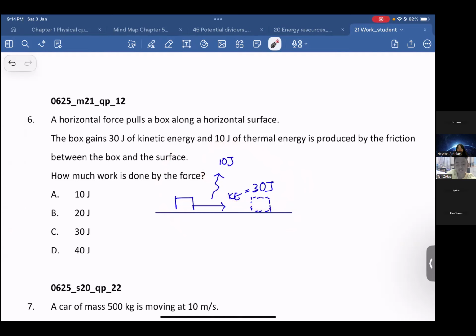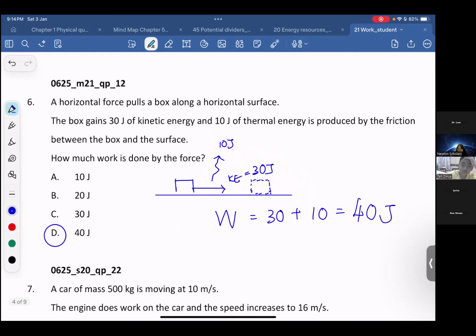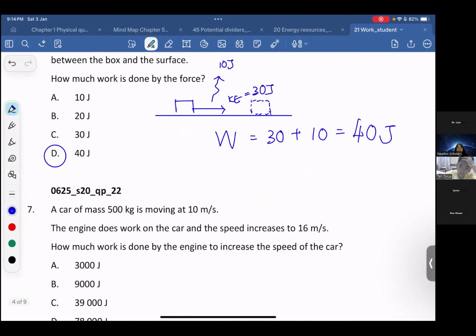In this 40 joule, 10 joule is lost to the surrounding, only 30 joule is useful. So how much work is done is actually 30 joule plus the loss to the surrounding. So you should do 40 joule of work. Okay, the energy transfer, kinetic energy plus the loss.